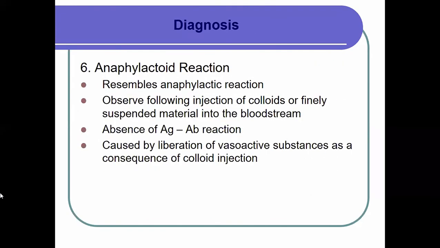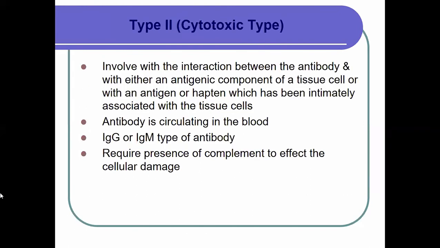Okay. So do you have any questions with regards to the type 1? I'll proceed with the type 2 or the cytotoxic type. So this involves the interaction between the antibody and either an antigenic component of the tissue or an antigen or hapten which is intimately associated with the tissue cells. So here in cytotoxic, this involves antibodies reacting to tissue or organs.